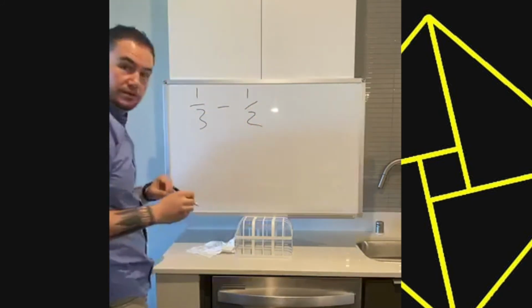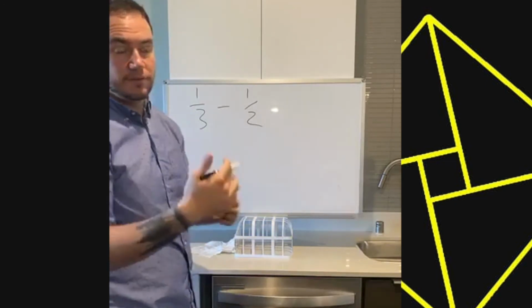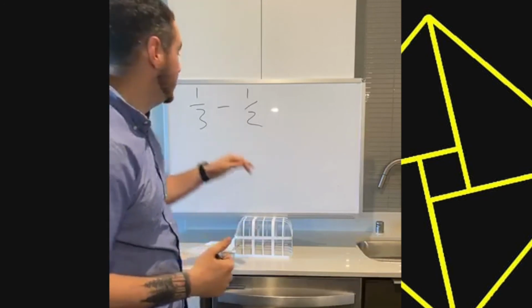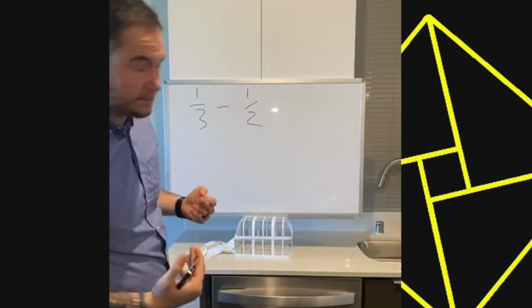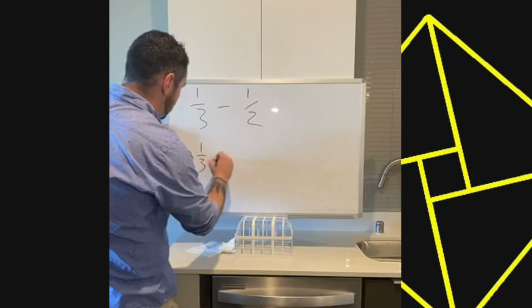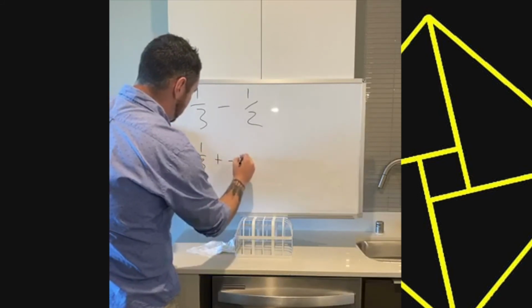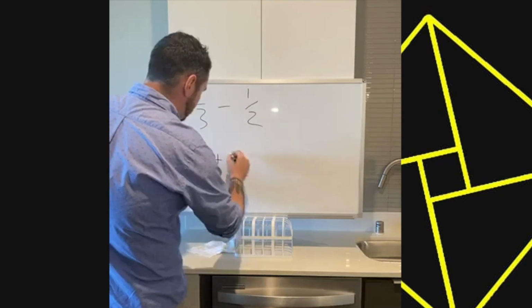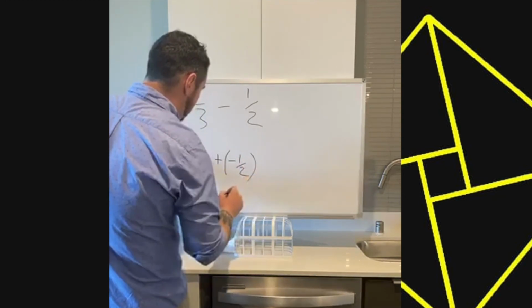We're going to use that formula that we went over in lesson 1 of subtracting integers, and we turn this into an addition problem. So it becomes 1/3 plus -1/2. Alright?